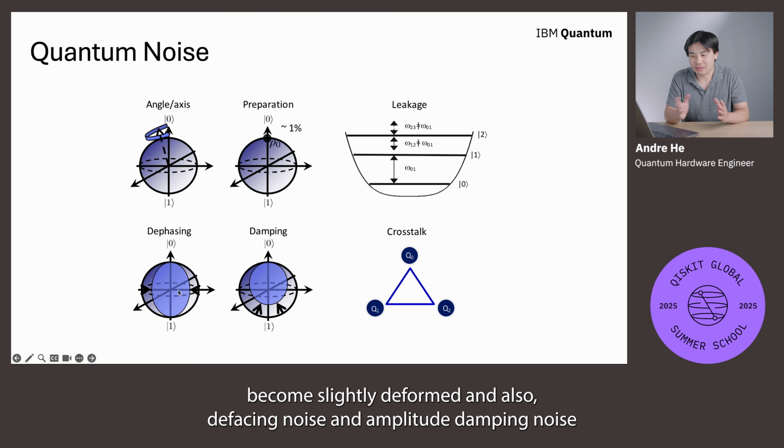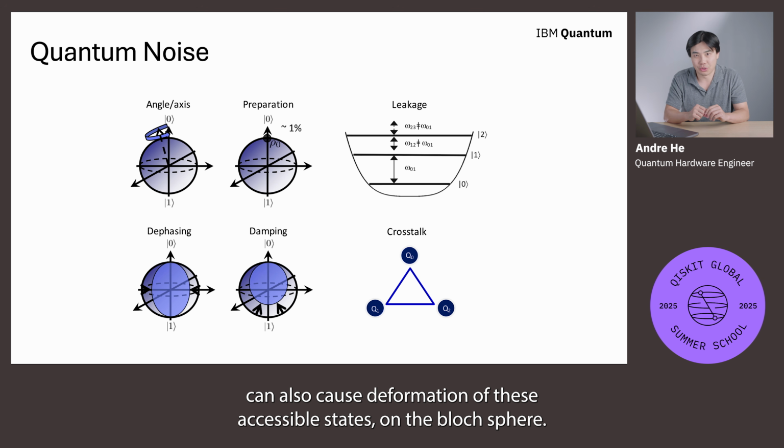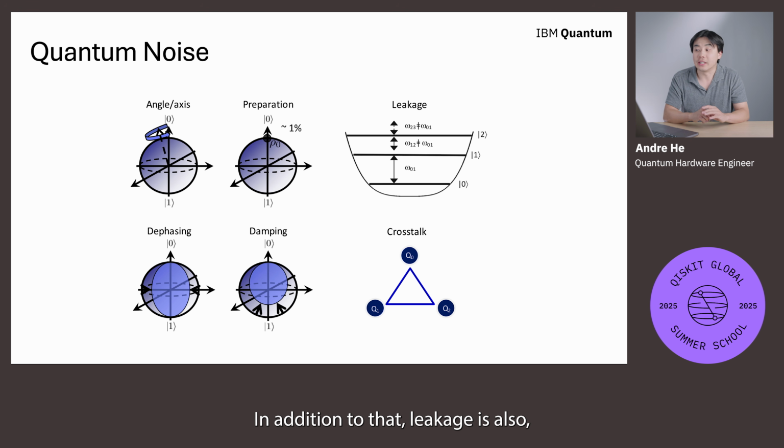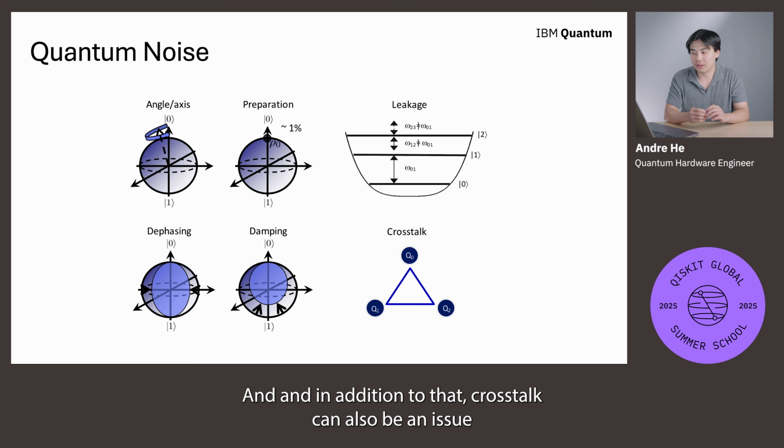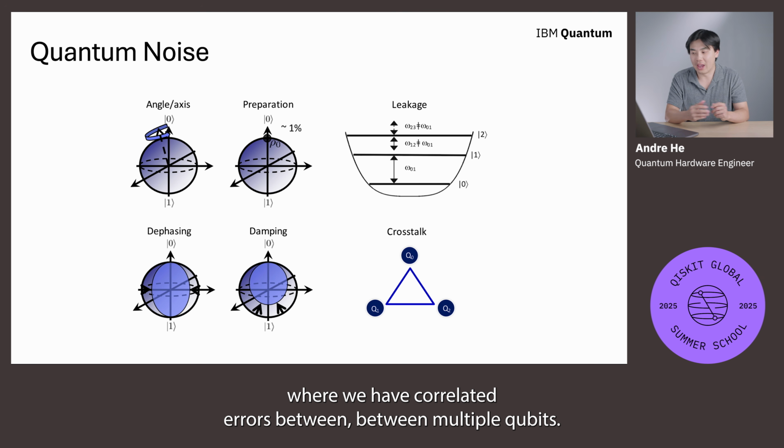Dephasing noise and amplitude damping noise can also cause deformation of these accessible states on the Bloch sphere. In addition, leakage is also an error mode whereby the qubit state escapes from the computational manifold and can cause all sorts of errors. And crosstalk can also be an issue, where we have correlated errors between multiple qubits.